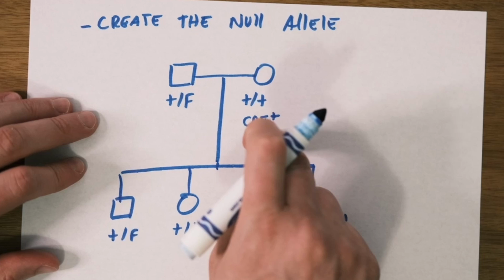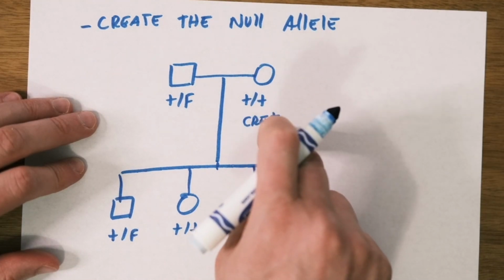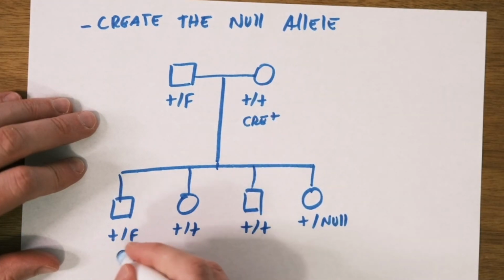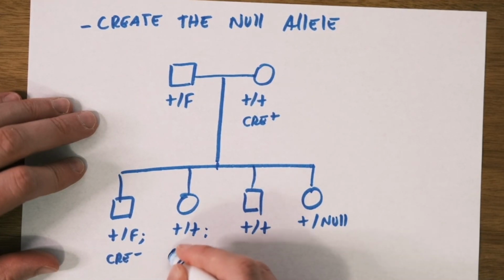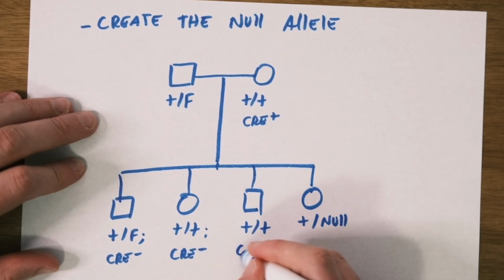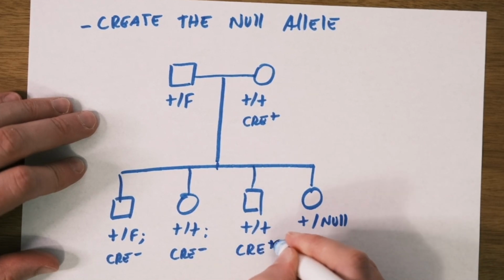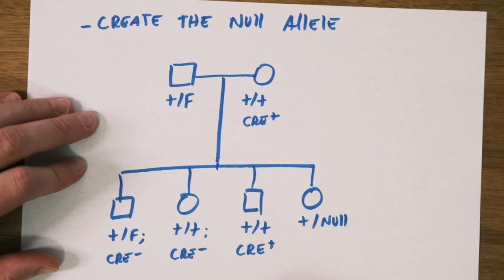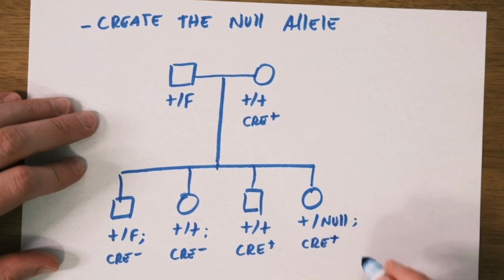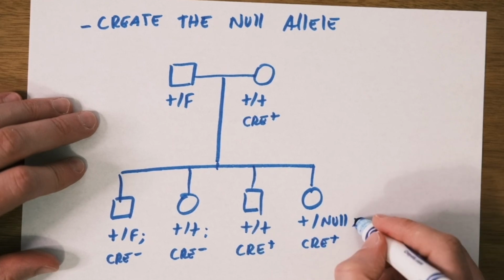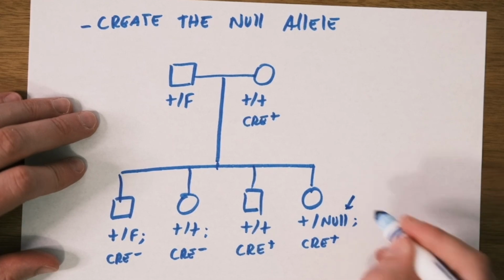And the animals can either inherit or not inherit the Cre. So if it doesn't inherit the Cre, the Flox allele will remain as it is. Again, if we don't inherit the Cre and is wild type, nothing will happen anyway. So in those two cases, we have no Cre and the genotype is unaltered. But when we have the presence of the Cre and the Flox allele, this Flox allele will be actually converted into the null.